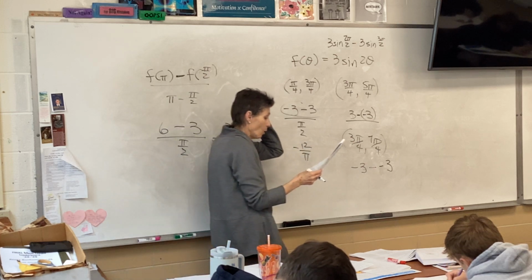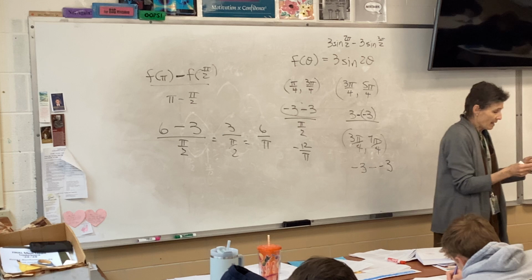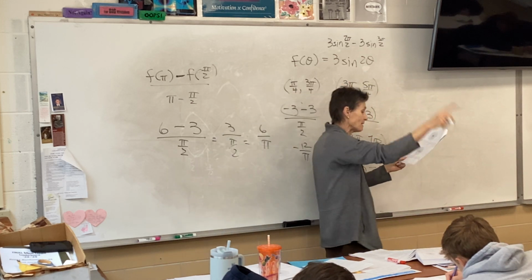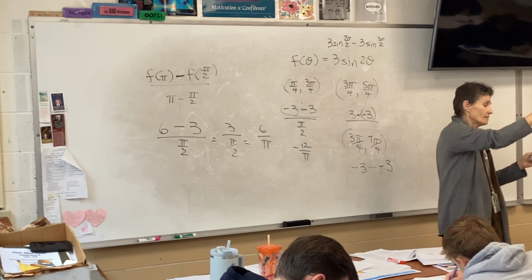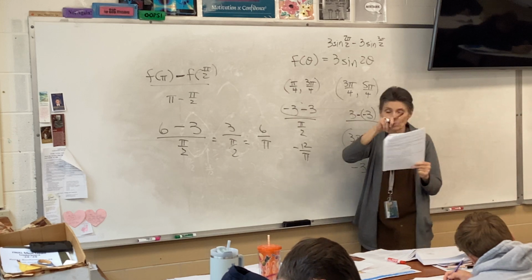The graph has no holes, passes through each point exactly one time, and as theta increases, the graph passes through the labeled points A, B, C, D in that order. So A to B to C to D. So it's just going around the circle.